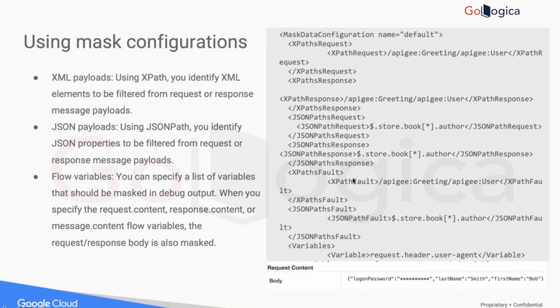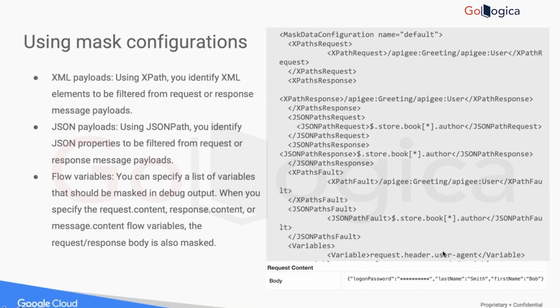Even in the fault payload, or the JSON fault, if there is something wrong in the fault and you want to block it from being shown in the trace, you can do that. You can specify all this information, and in the last one, the variable, you can do it from the request header, the request form parameter, anything.